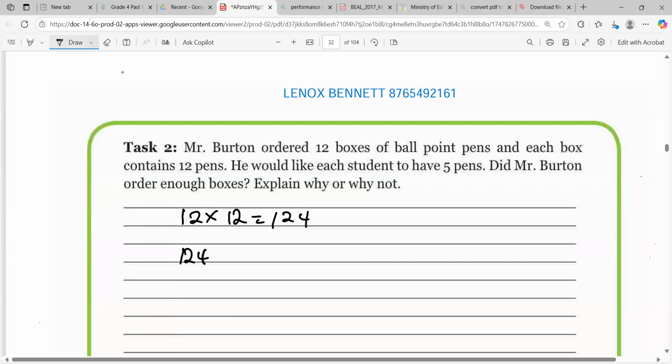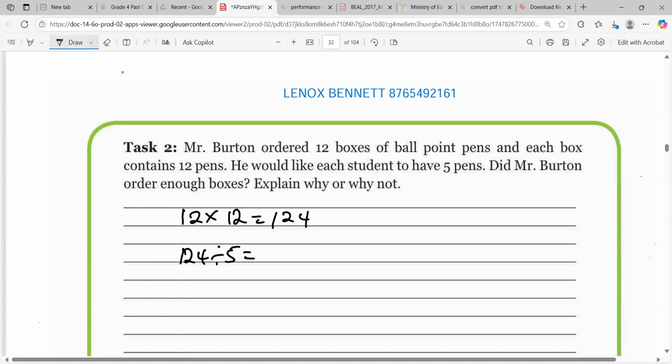And what did you get for that? Sir, I got 20. And I got 4.